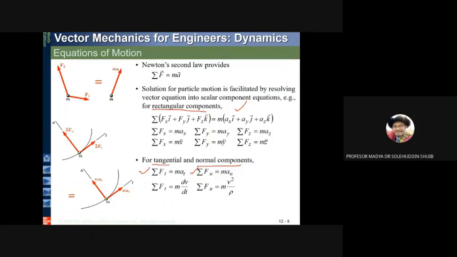It's nothing new, but the way we do the arrangement is to relate with summation of force equal to mass times acceleration. Looking at this drawing, we have the first figure here, which is summation of force tangential, then summation of force normal, equal to mass times acceleration, so we have mass times at, and mass times an. This is for the case of tangential and normal component.